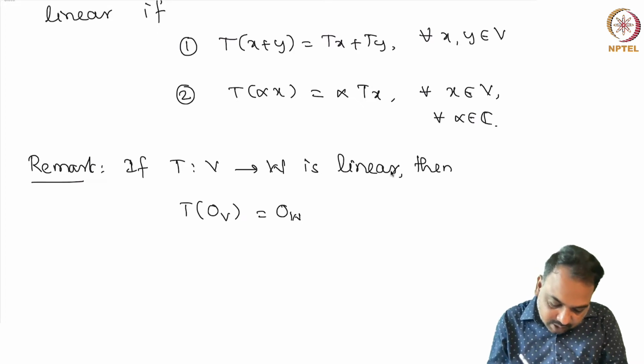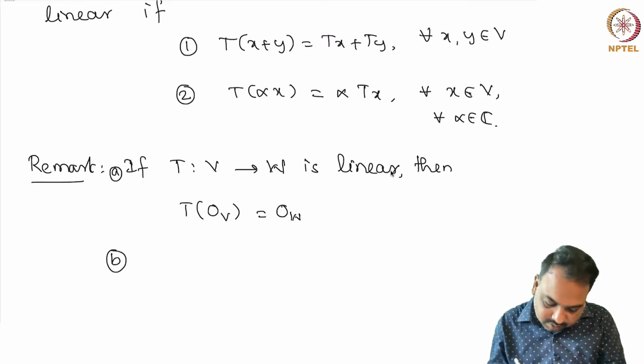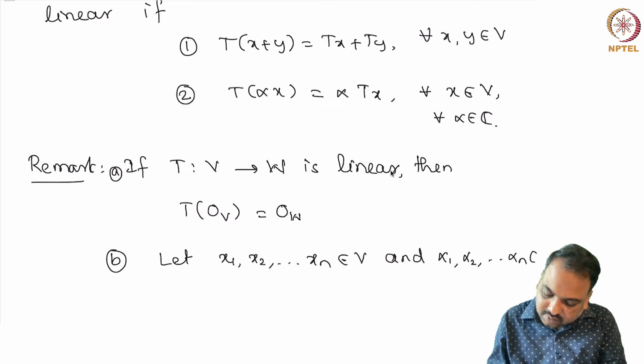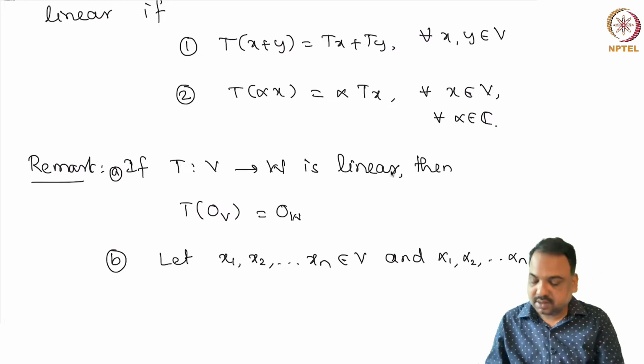One other important observation is the following. Suppose we take x1, x2, and so on, xn in V, and alpha 1, alpha 2, and so on, alpha n, which are complex numbers.